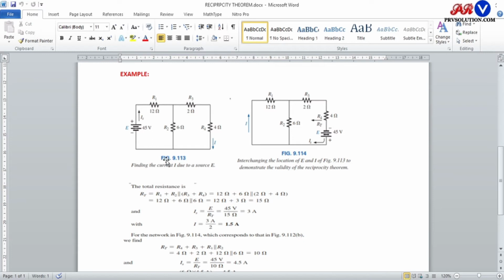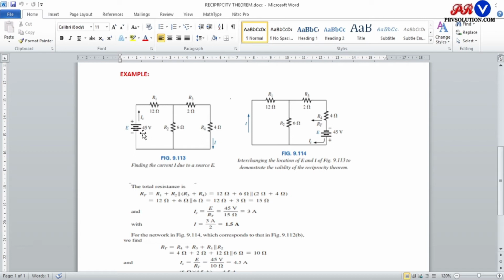Let us see its example. Here the excitation is 45 volt and this is the linear bilateral network, and we are measuring current I here. This current must be the same as in the branch where the source is located.